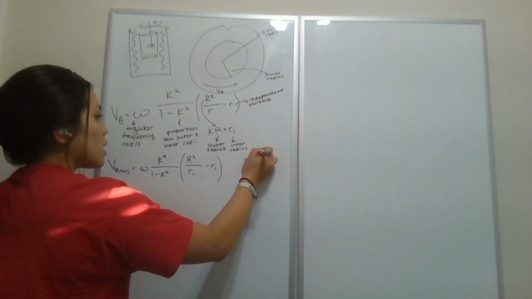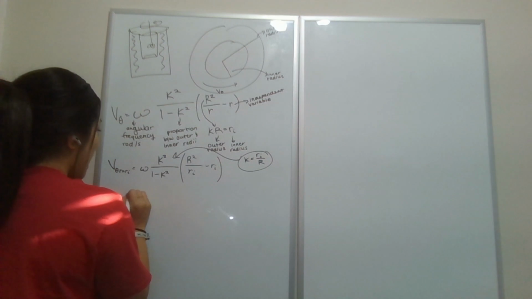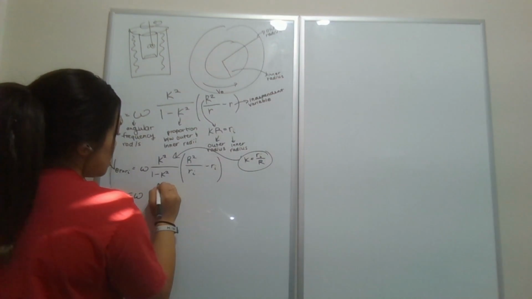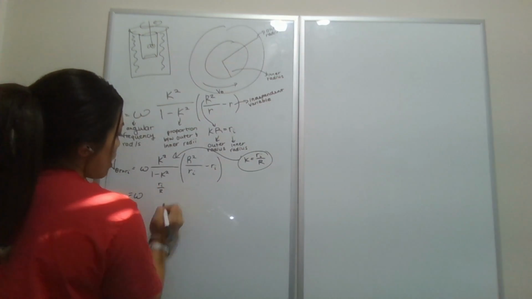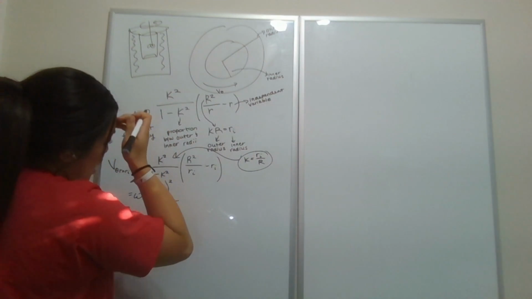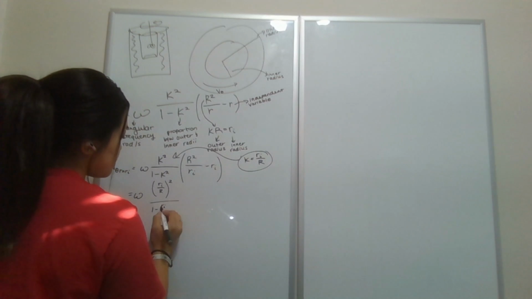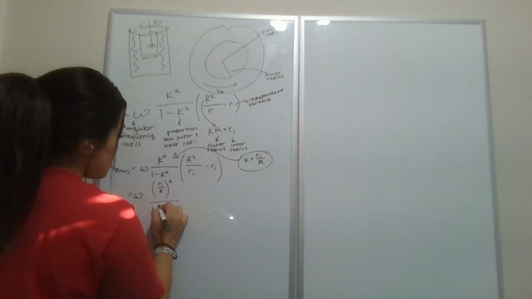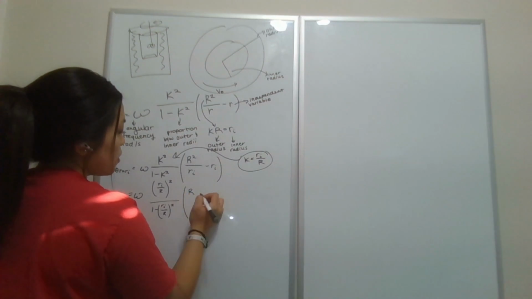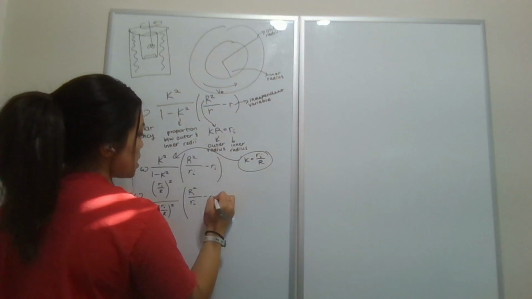So plugging this in for our proportion, we have the angular frequency times the inner radius divided by the outer radius squared, divided by 1 minus the inner radius divided by the outer radius squared, times the quantity of the outer radius squared divided by the inner radius minus the inner radius.